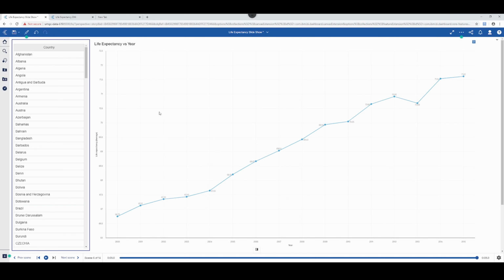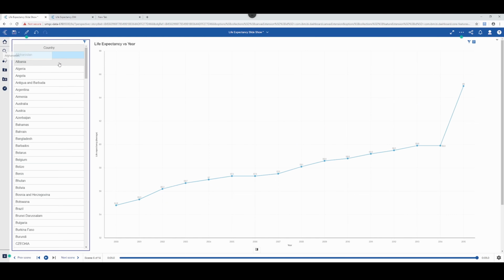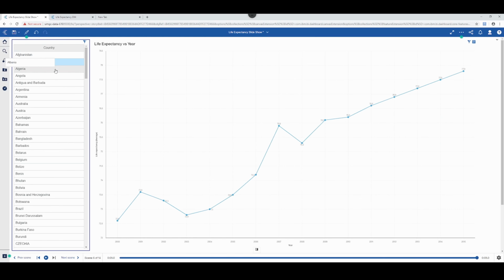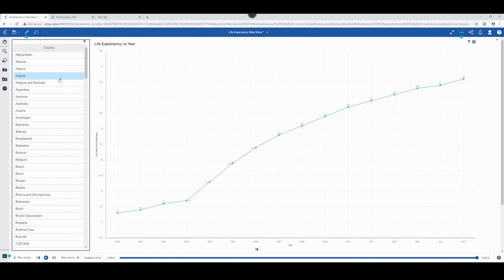We have again life expectancy graphed versus year. And if we don't click on any specific country, this will be for all countries. But if we narrow down to specific countries, we will see irregularities in the data.